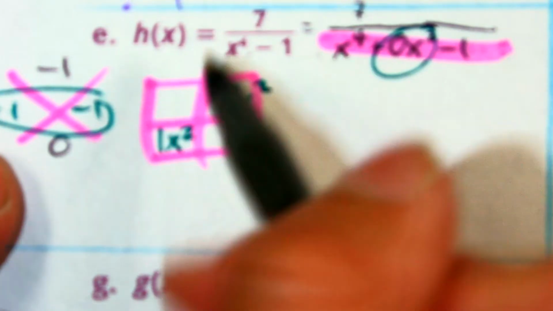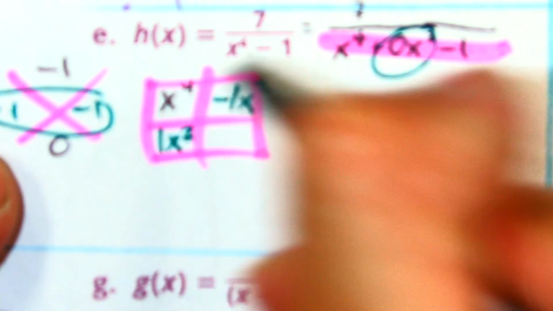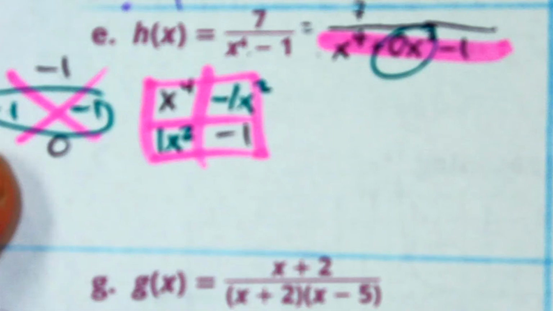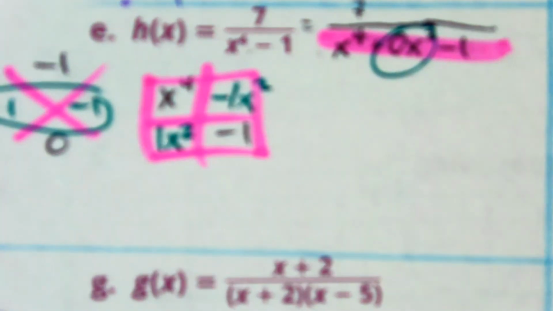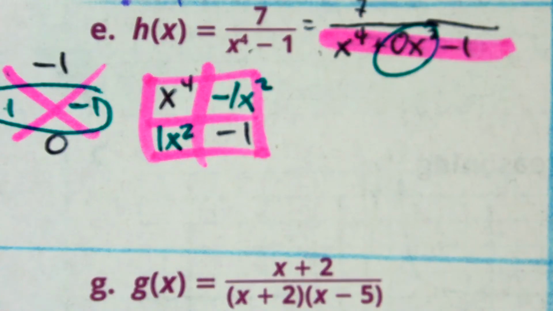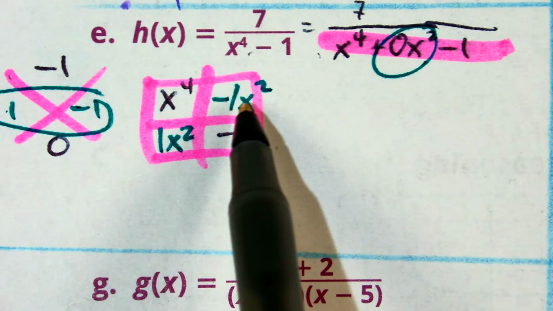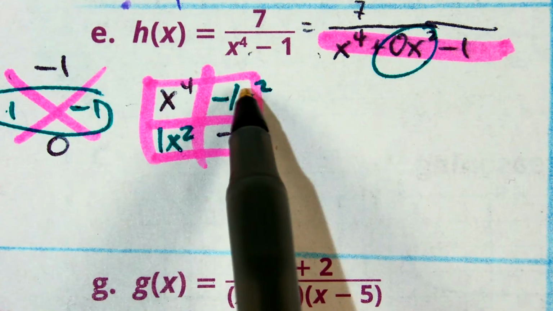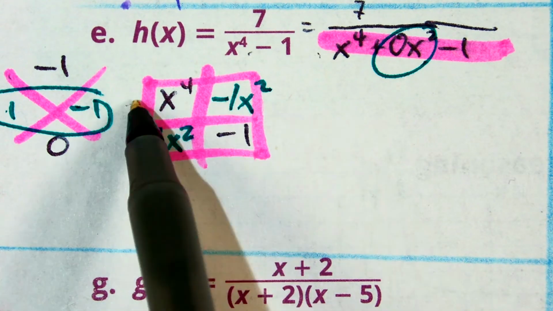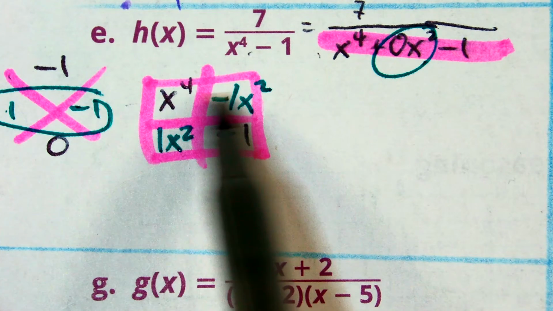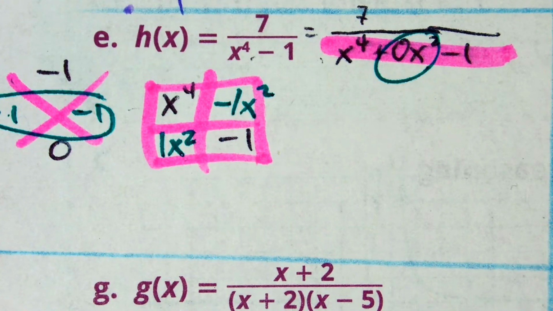X to the fourth minus 1. Raul, what's the greatest common factor this way? X squared. Correct.